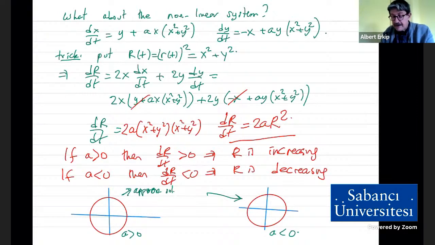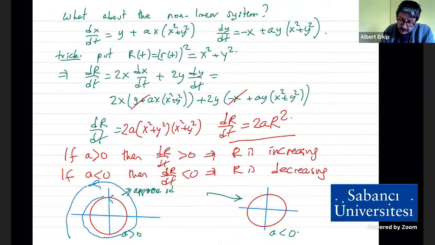But what is happening? r is increasing, so it's moving away from it. So a helix moving away from the origin.